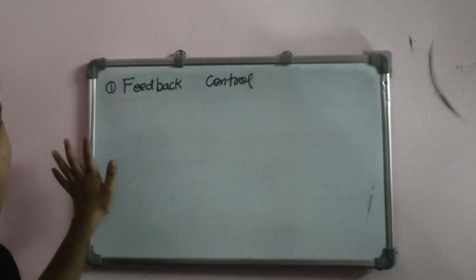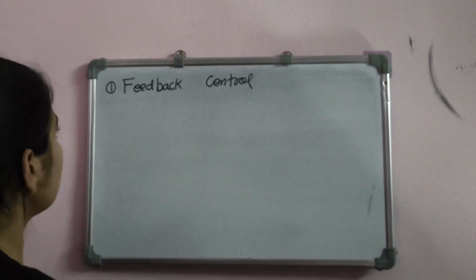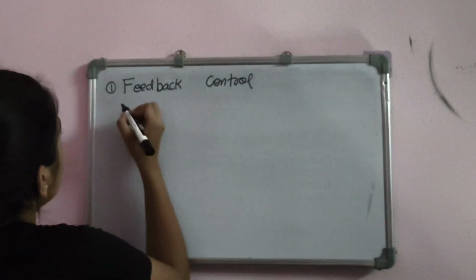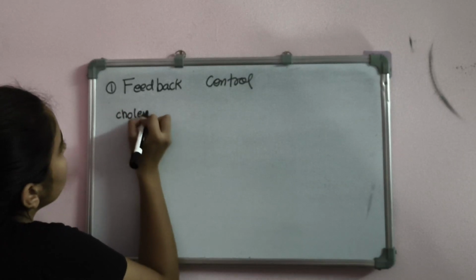So let's begin with the regulation of synthesis of cholesterol. First is the feedback control. So इसमें क्या होता है? We know कि यहाँ पे cholesterol synthesis हो रहा है.